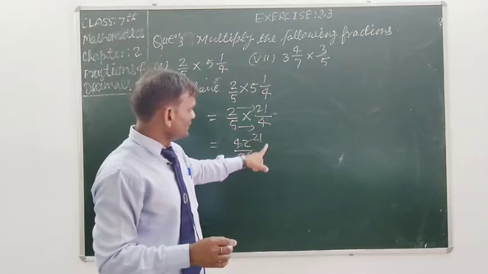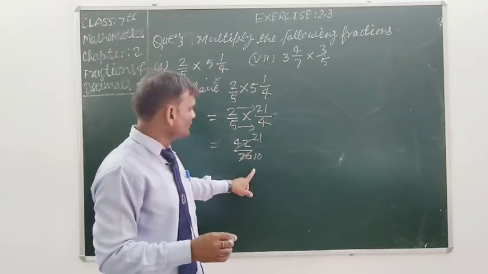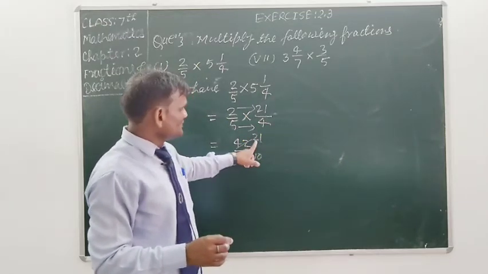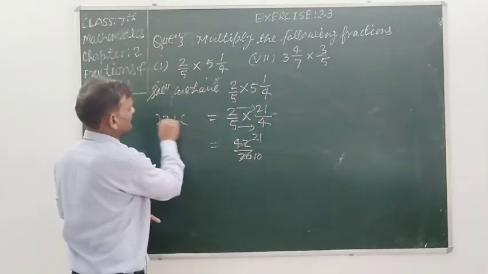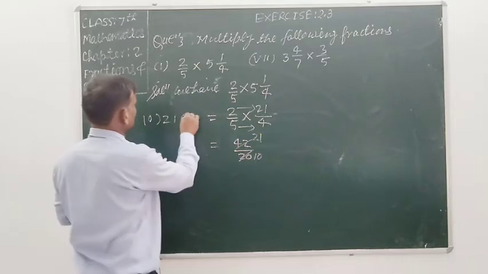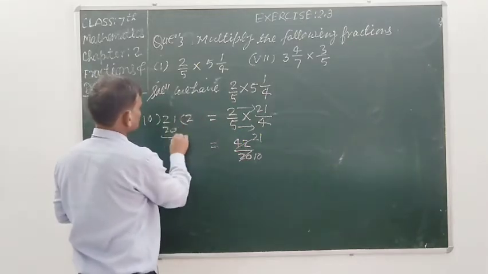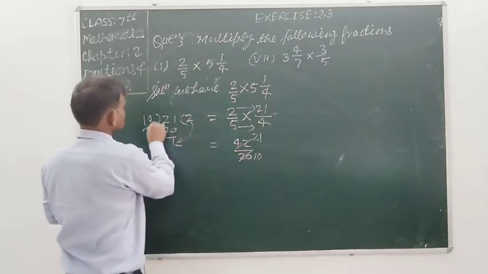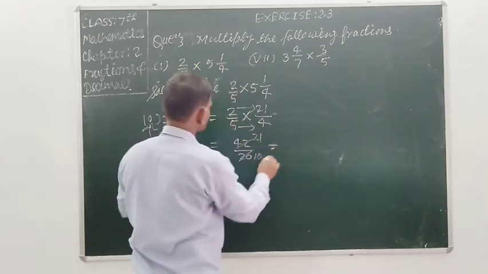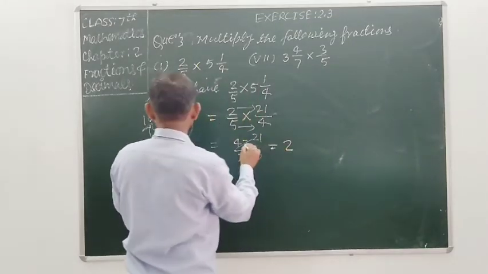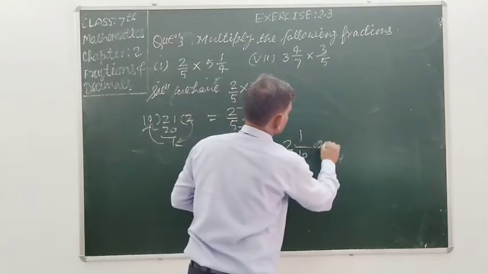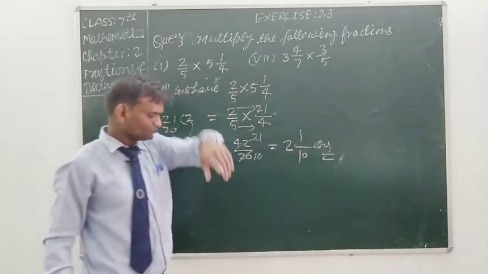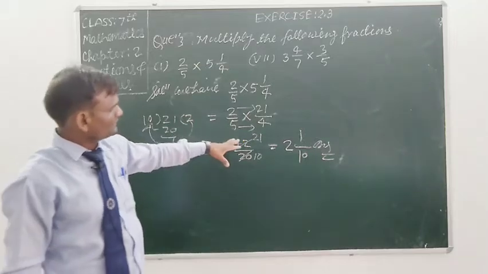But if you require to write in mixed fraction form, then you can divide 21 by 10. When you divide, you get 10 2s are 20, and like this you can write in mixed fraction form 2 whole 1 upon 10. This is my answer, student.